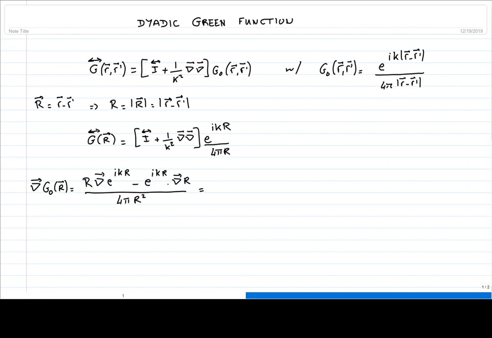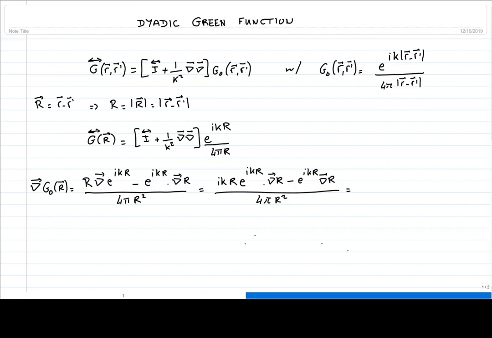This is just a simple derivative of those two functions in this fraction. We can expand that a little bit, calculating the gradient of the exponential. We're going to be left with ik r exponential ikr, times the gradient of r that shows up from the derivative of the exponential. Then we have the second term, which is exponential ikr, with the gradient of r that we leave as is, and at the denominator we have 4 pi r squared.